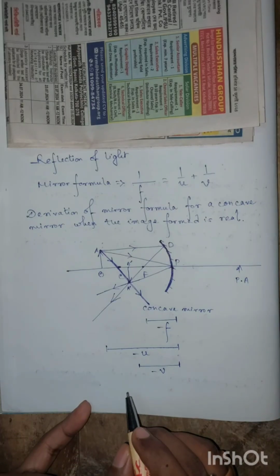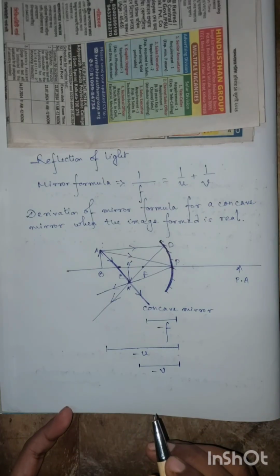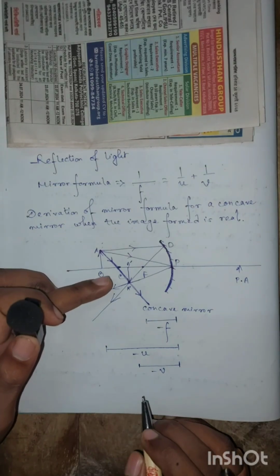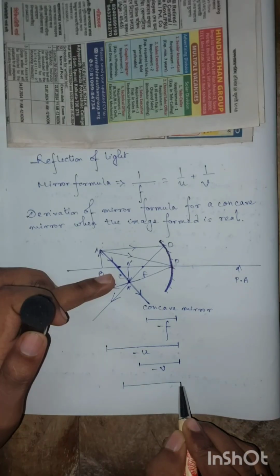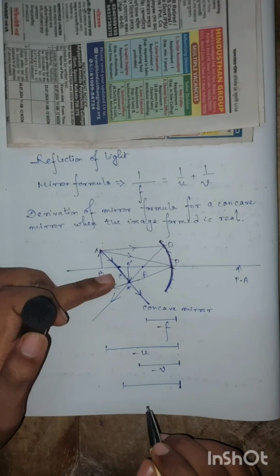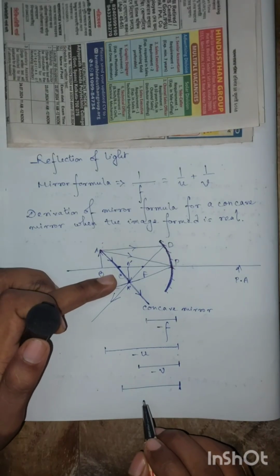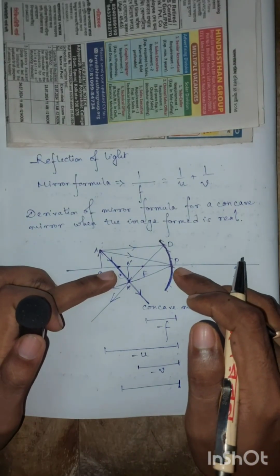Radius of curvature, which is this distance CP.